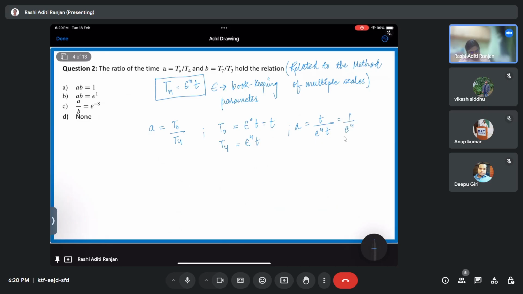Okay, now finding out B, we have T7 by T3.